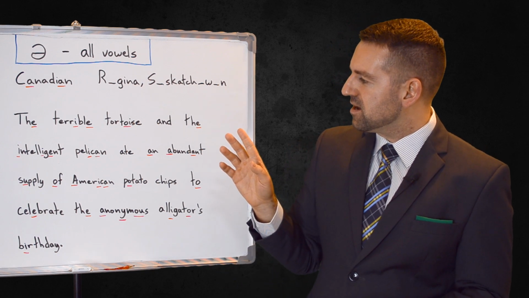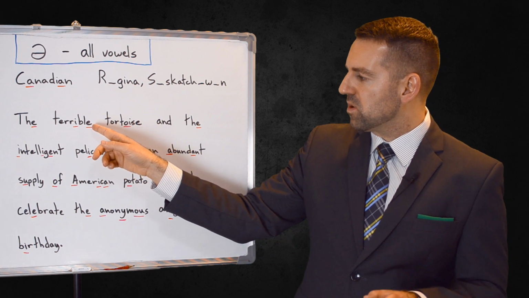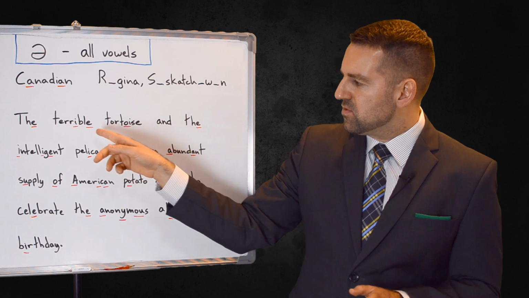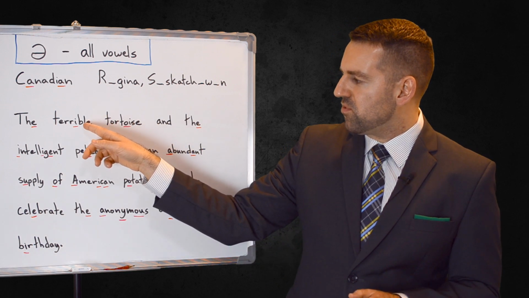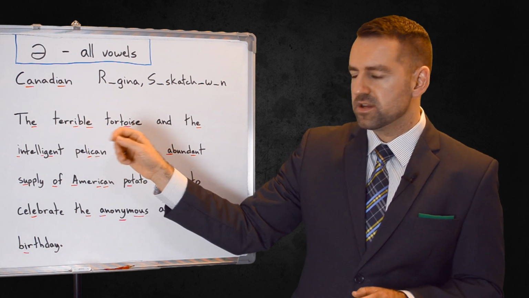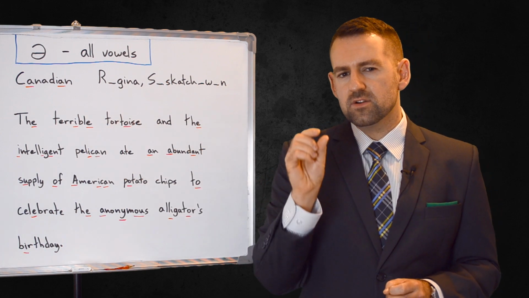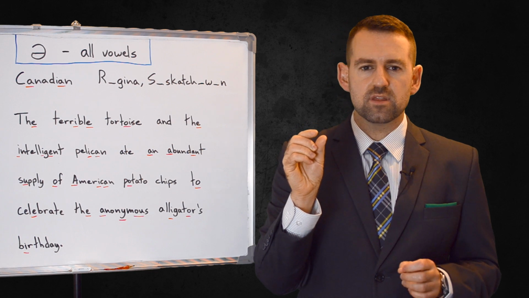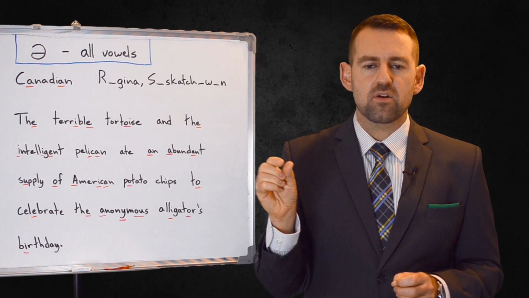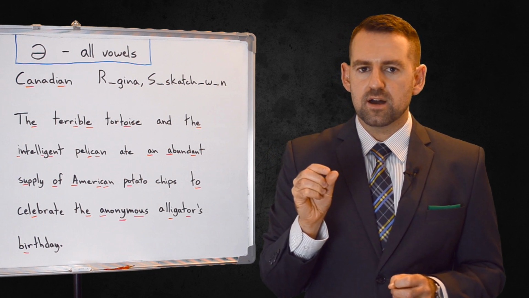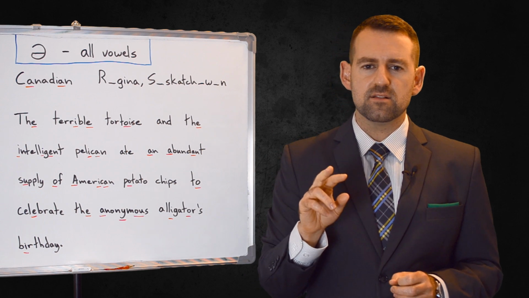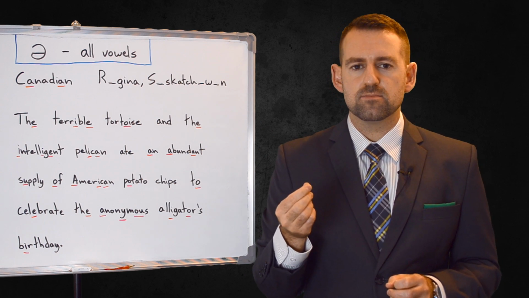Okay, another thing I'll point out is that when words end in LE, the schwa sound is actually before the L. So it's terrible, terrible. You can hear there's a small sound in between the B and the L. If there wasn't a sound between the B and the L, then it would sound like this: bl.